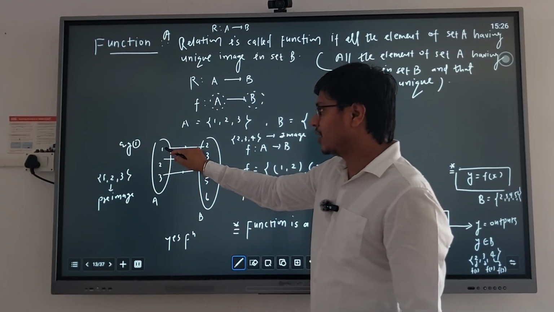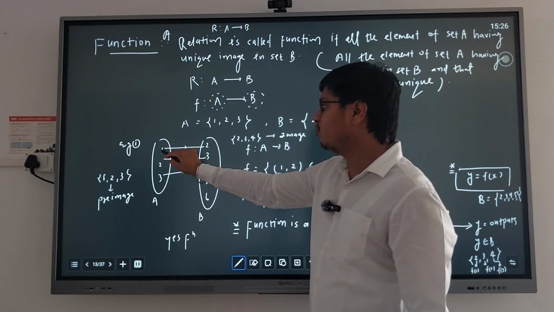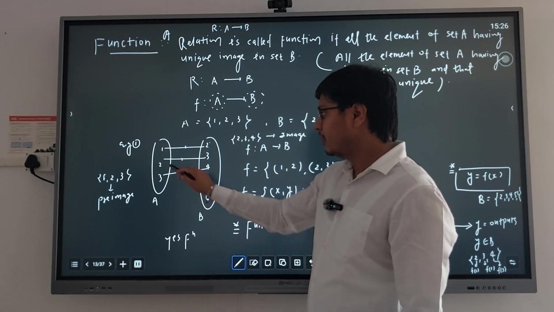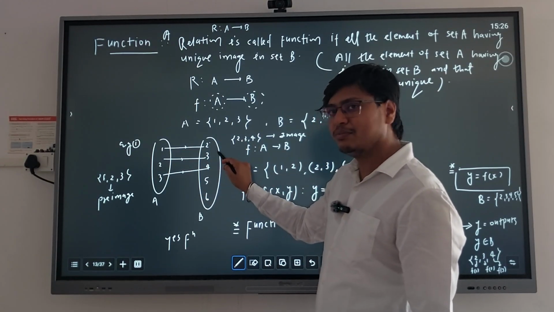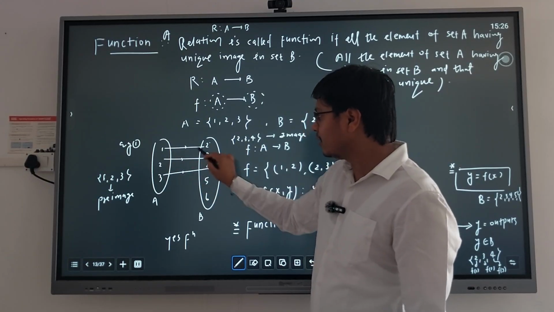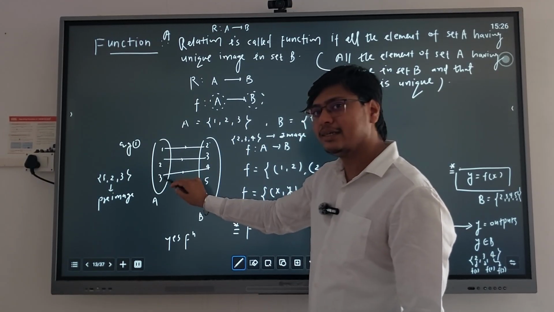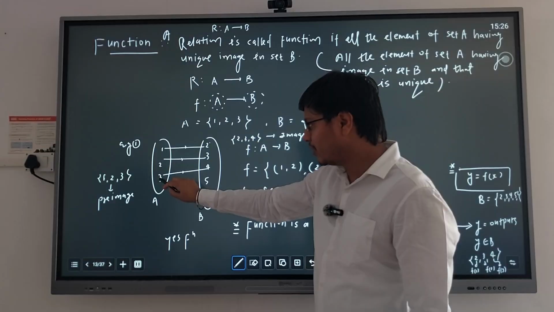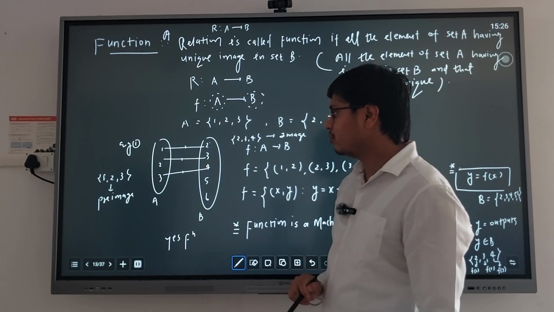This is associated with an element of B, that is, 1 has the image 2. This element is associated with 3, that is, 2 has the image 3. This element is associated with 4, that is, 3 has the image 4.